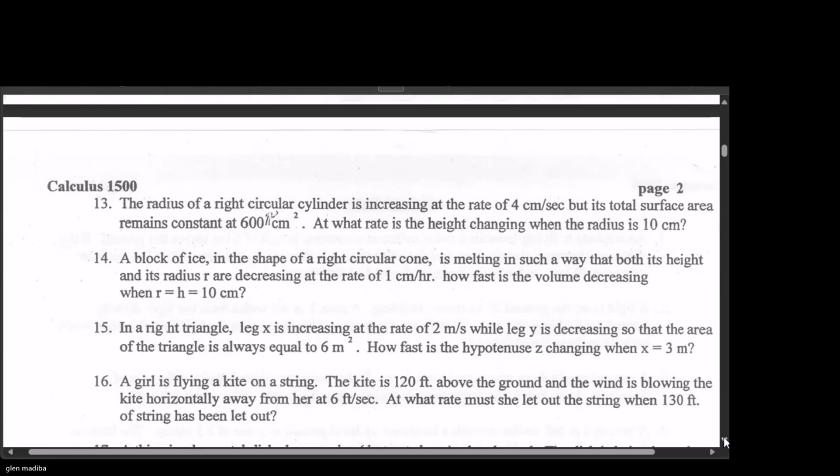What do we know? That is the height, or y. Then it says the wind is blowing the kite horizontally away from her at 6 feet per second.